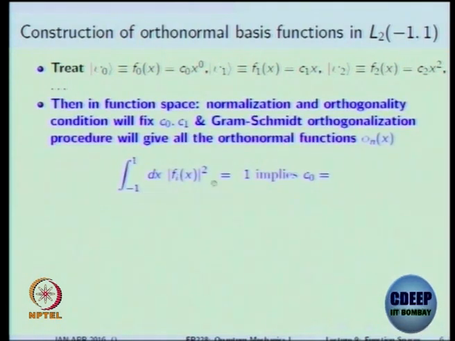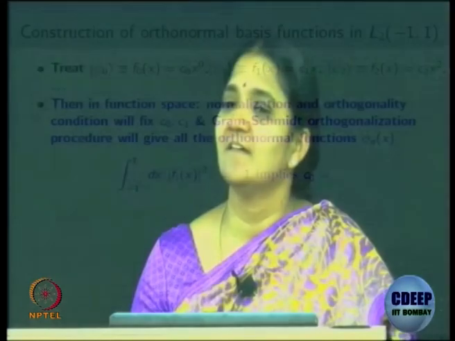So what is the normalization condition? It is in L2 of -1 to 1. Correct? So you integrate from -1 to +1. Can we take these polynomials up to x to the power of n, where n is very large, as basis functions? You can.